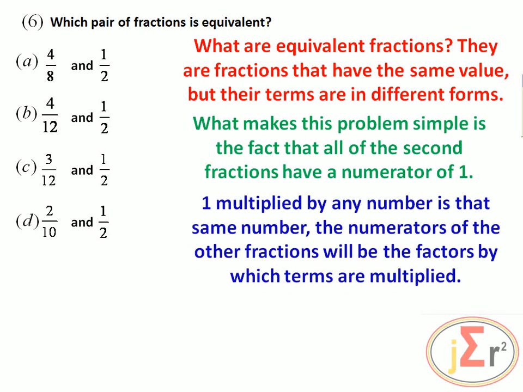So we are going to investigate all of these fractions or pairs of fractions for equivalence. We are going to try to see if we can get these fractions to turn out to be the same in the end. But what number do we multiply by?